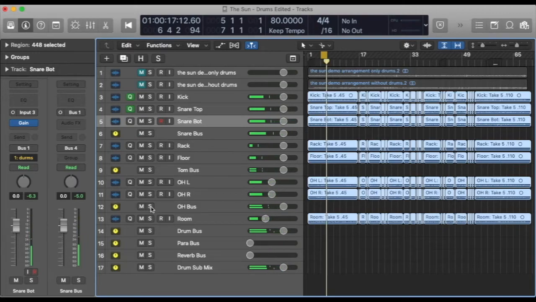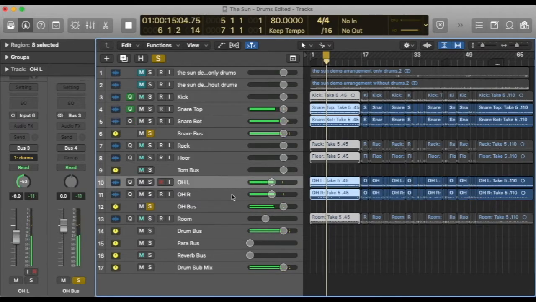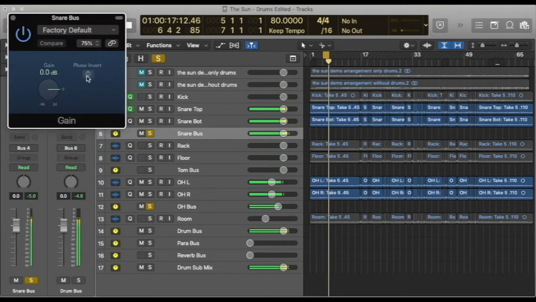At this point, we should check our snare drum combined, so both microphones, our snare bus, with our overhead mics, because there may be some polarity issues there. We can do the same thing by putting our gain plugin on our snare bus. It doesn't look as though the polarity is negatively affecting our snare and overhead relationship.